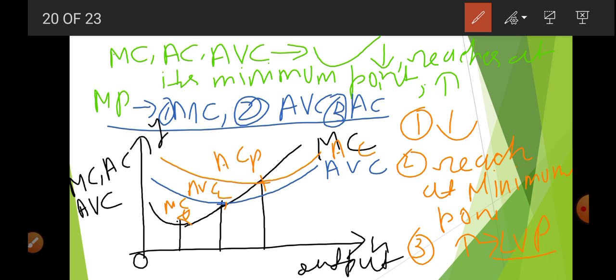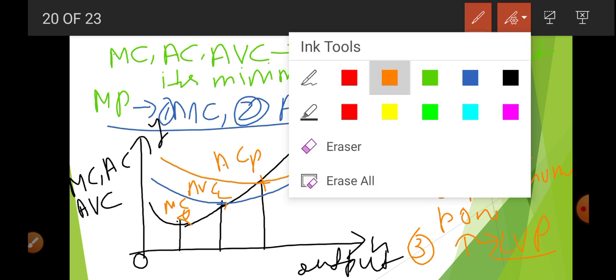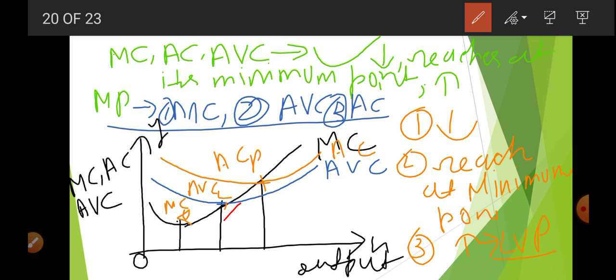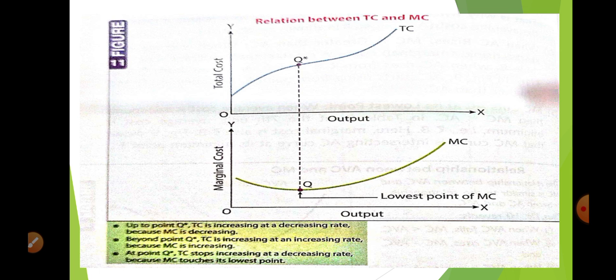So MC is falling till the point Q, AVC is falling till the point L and AC is falling till the point P. After that they start to increase. MC cuts both AVC and AC at their minimum points L and P and then increases. So this is the relation between all the three.